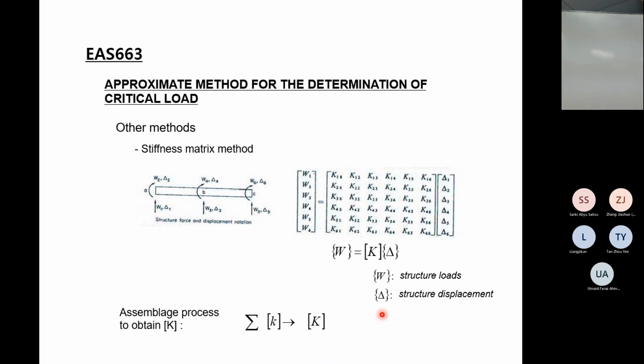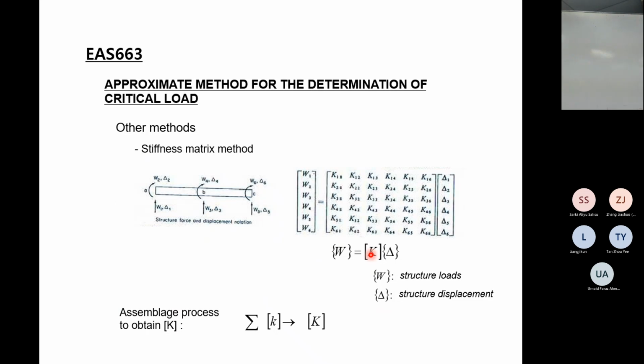So if you solve these equations with this given, this one we can form it. We can form it because there are standard content that we can use, and then we can go through the process that we call assemblage process. From the small k get to big K. That is one of the process that we have to go through.